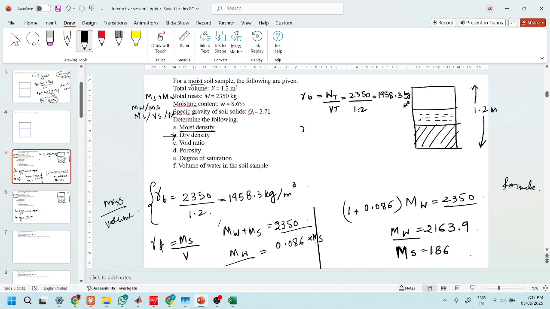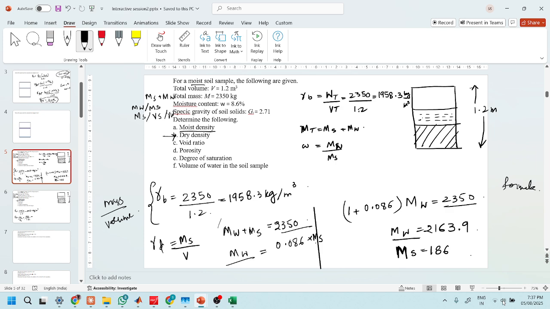Then we calculated mass total equals mass of solid plus mass of water, and water content equals mass of water over mass of solids.